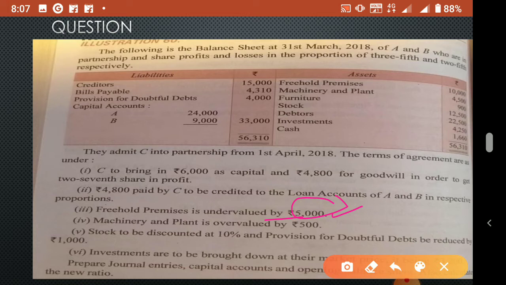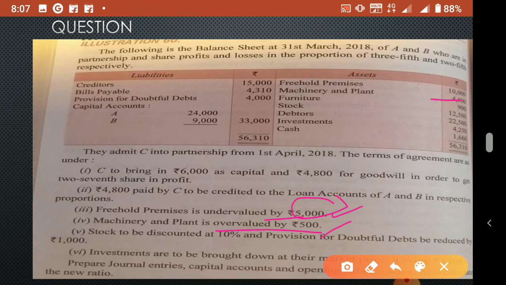And it means it should be increased. Now machinery or plant overvalued by 500. That means by mistake they put 500 rupees more in the balance sheet, so it should be reduced. When they realize the mistake, you have to correct it. The value of machinery is 4,500, in which 500 rupees is extra, so we have to minus 500. A decrease in the value of the asset will come.